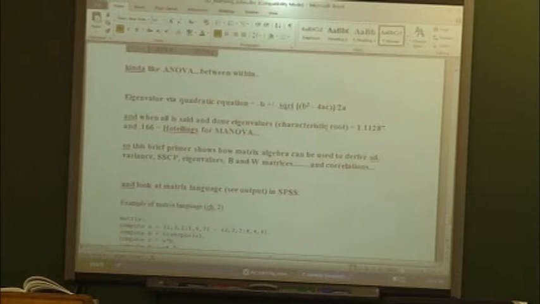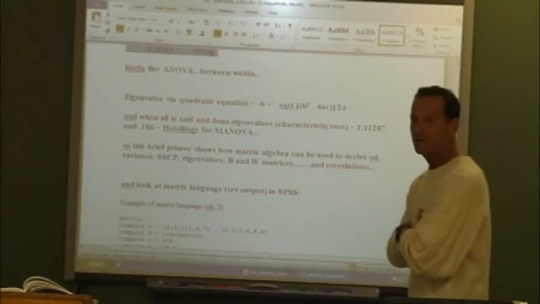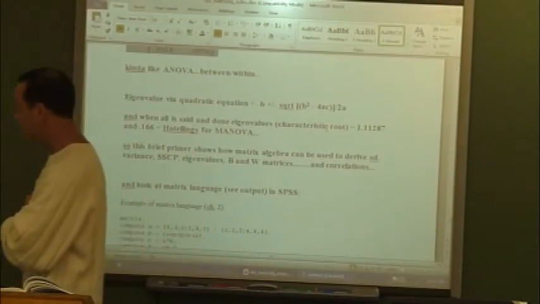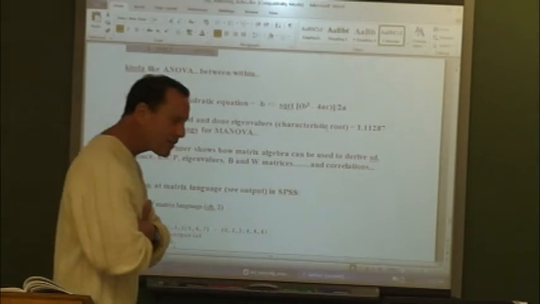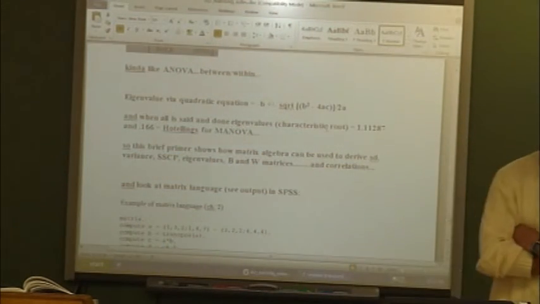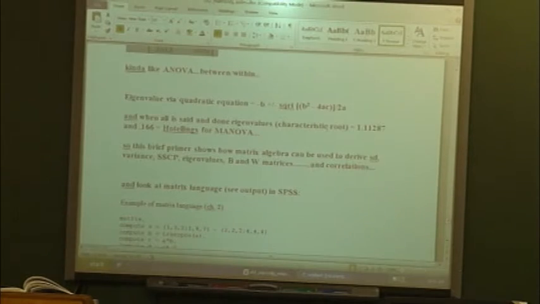And those are what's called eigenvalues, and they're going to be used to get at significance. They're going to be a type of test statistic and used to break down variance. So even eigenvalues, you see, are a function of matrix algebra.